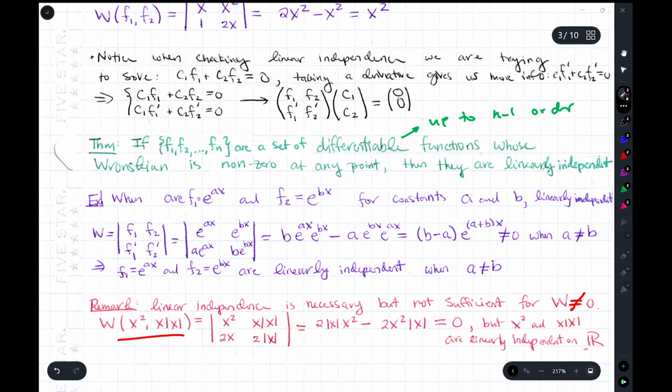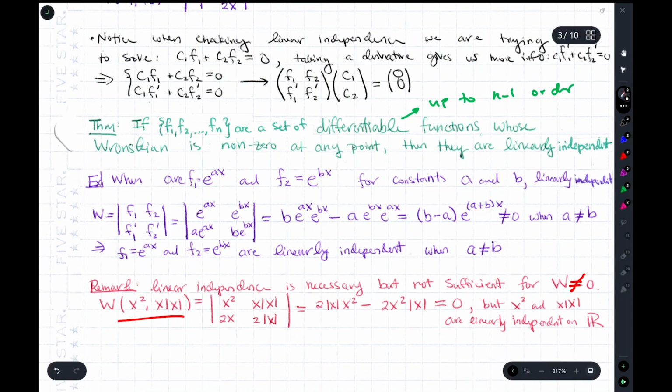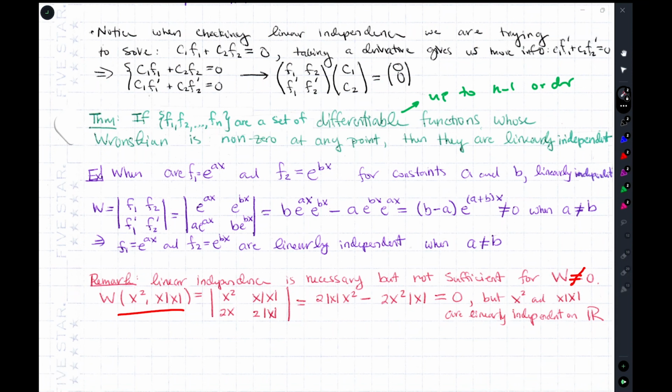But they are linearly independent on R. They're not linearly independent on 0 to plus infinity, but if you're going into the negative x-axis, they are linearly independent. So here we have a situation where the Wronskian equals 0, but we get two linearly independent functions depending on the interval that we look at. We could look at R. So it's necessary but not sufficient for the Wronskian to be non-zero.